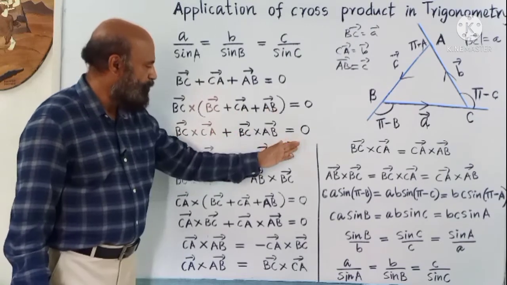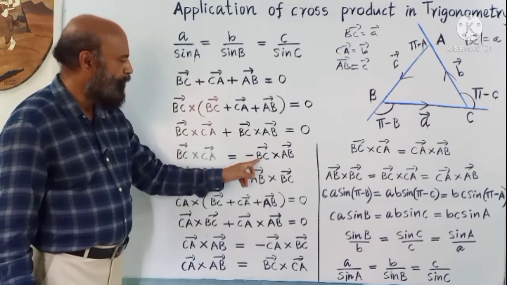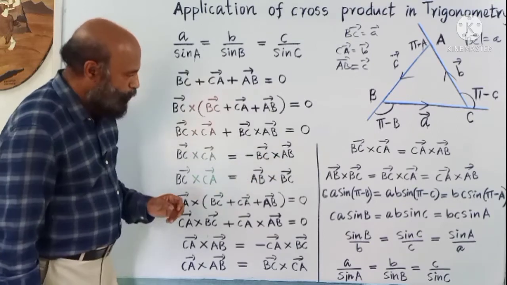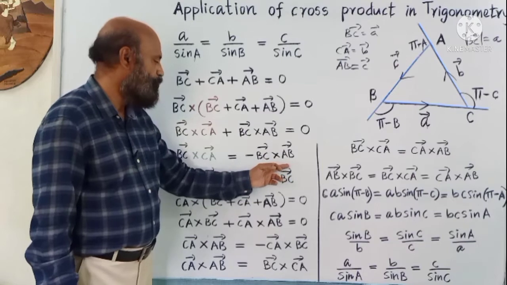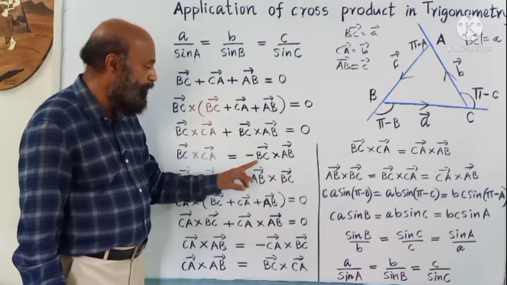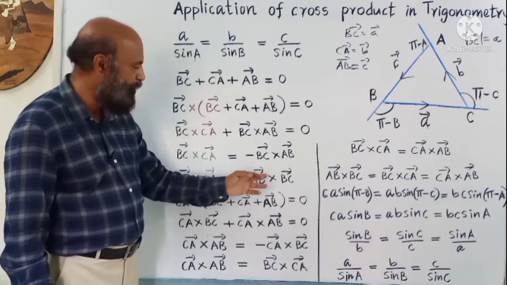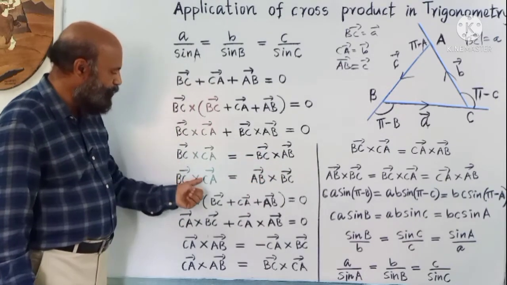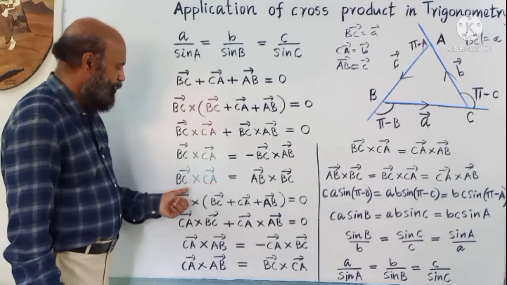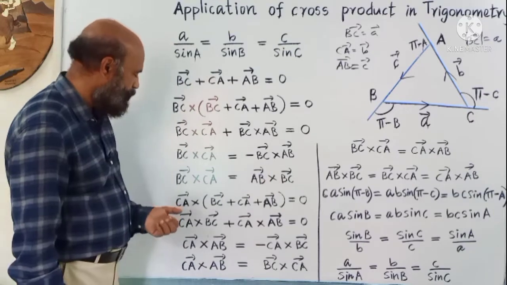Take this to the other side, so plus will become minus: minus BC cross AB. Cross product is not commutative, it is anti-commutative, so minus BC cross AB can be written as AB cross BC. So you are getting BC cross CA is equal to AB vector cross BC vector.